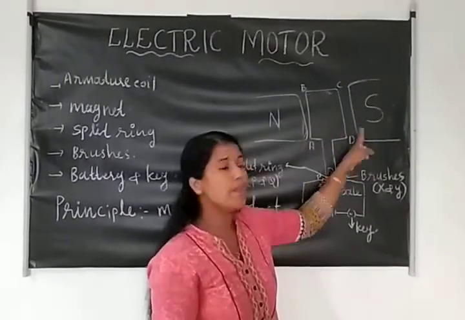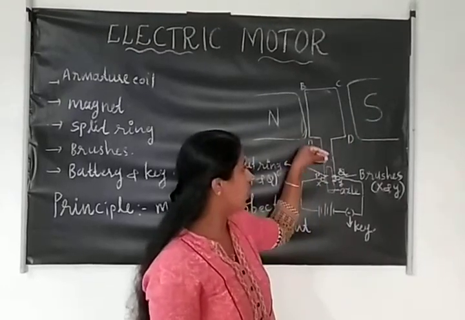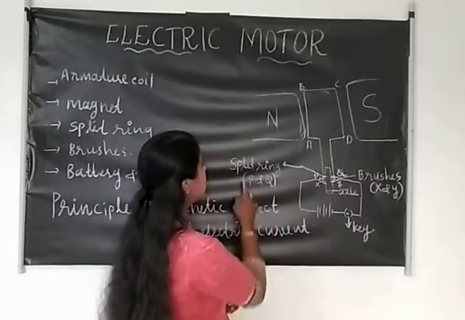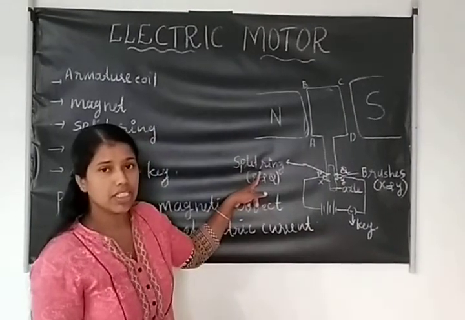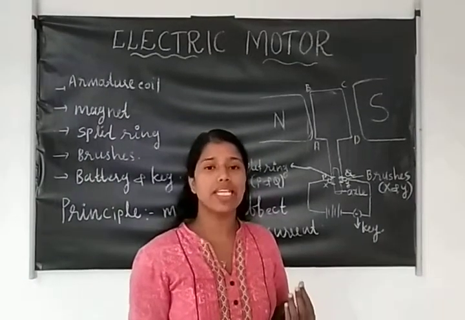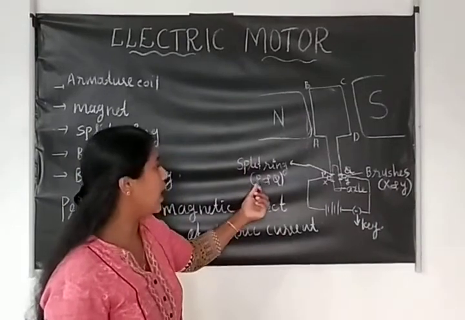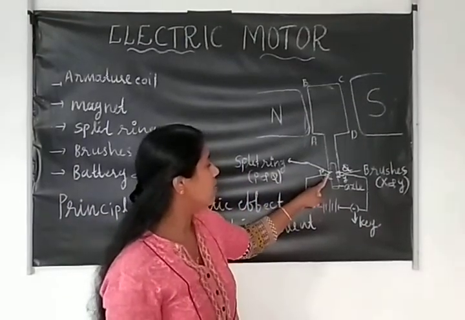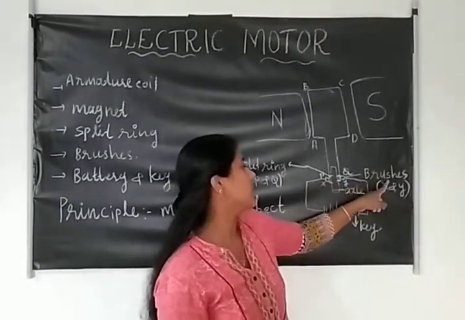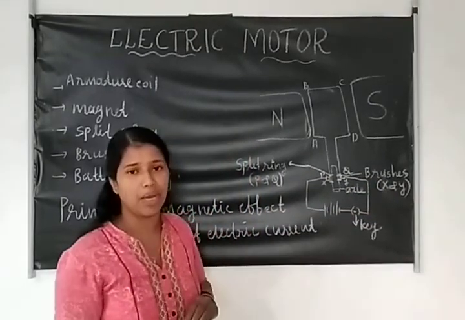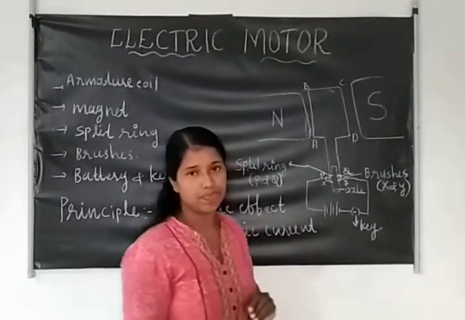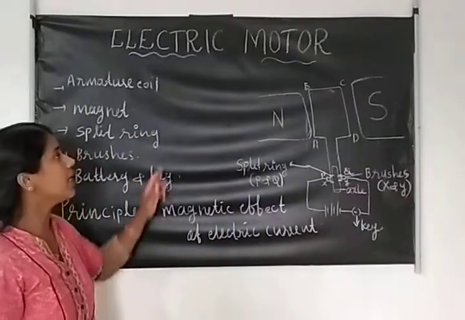The ends of this armature coil are connected to two rings, that is split rings, also known as commutator, P and Q. Then there are X and Y, the two brushes, which are stationary. They are connected to battery and key. These are the basic parts of electric motor.